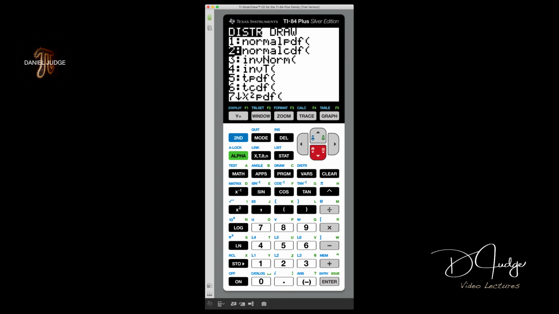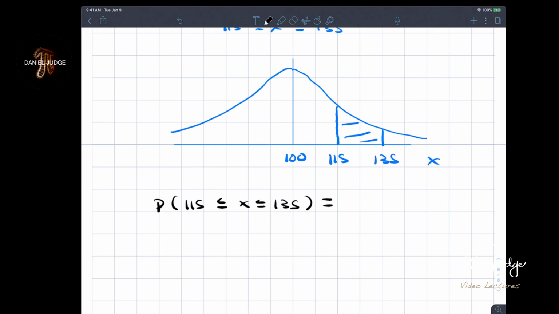Distribution, normal CDF. 115 is my lower limit now, and 135 is the upper limit now. So I want to remind you guys, we need a lower limit value and upper limit. Read from smaller to larger. Lower and upper. As you read that left to right.